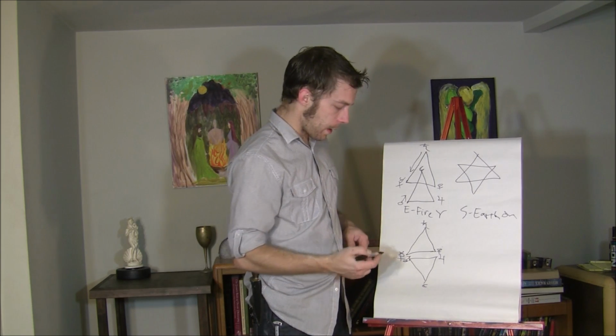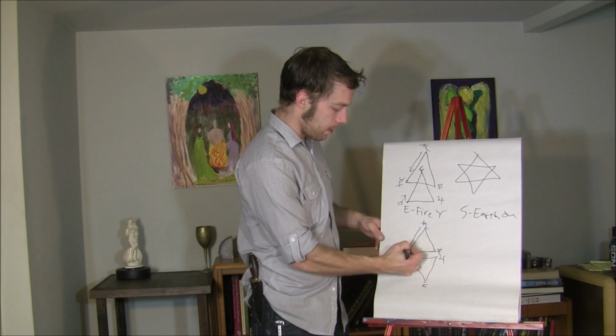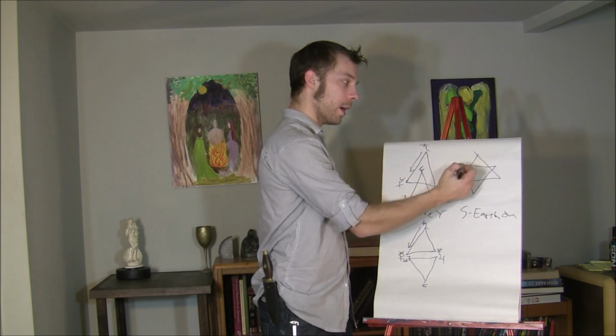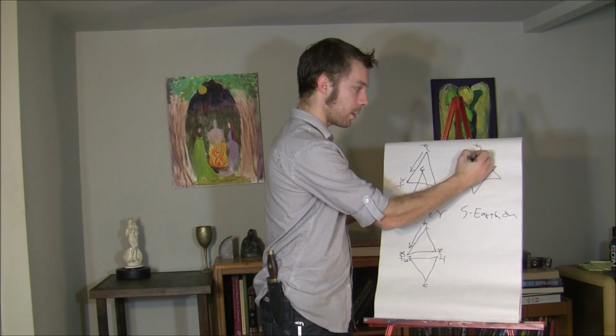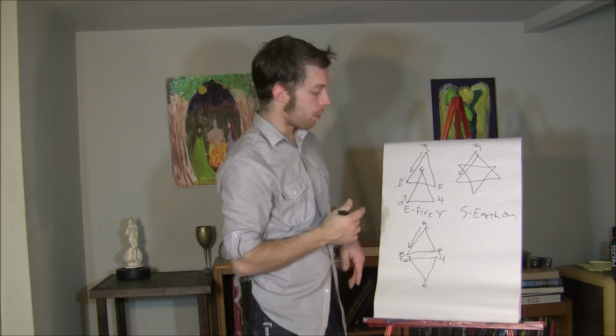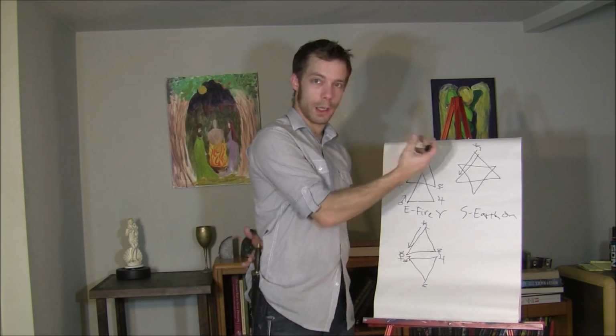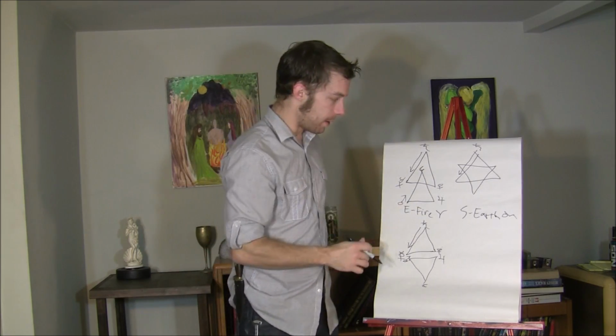Now we start at the top, again, moving counterclockwise. So we're doing banishing Saturn hexagrams in each element.